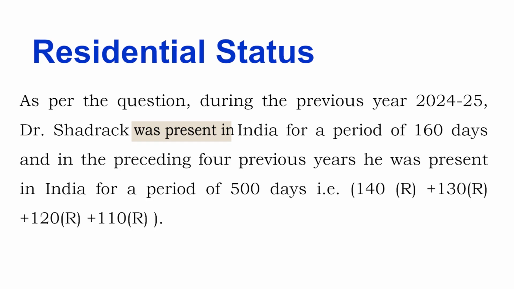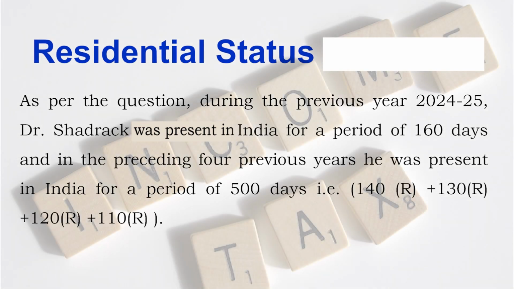Here, as per the question, during the previous year 2024-25, Dr. Sadrak was present in India for a period of 160 days, and in the preceding 4 previous years he was present in India for a period of 500 days, that is 140 plus 130 plus 120 plus 110.